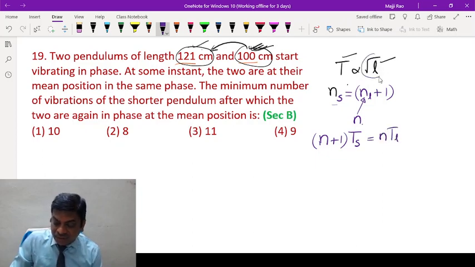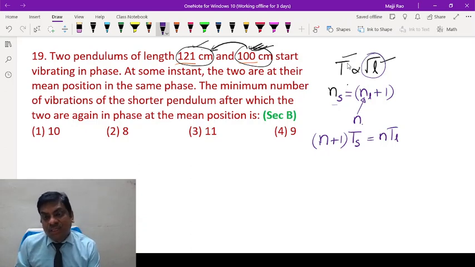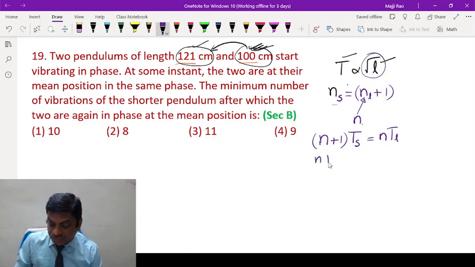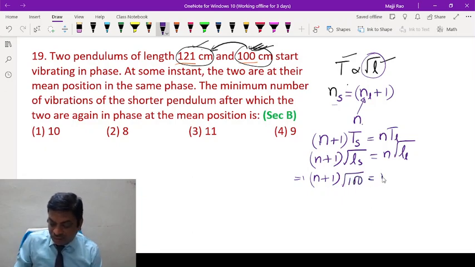Now this period of oscillation can be replaced by square root of length. So we have n plus 1 into root ls is equal to n into root l longer. So you have n plus 1 into root of shorter one, which is 100 centimeter long, whereas longer one is 121 centimeter long.